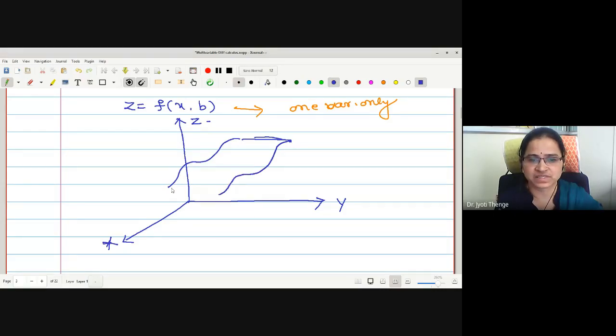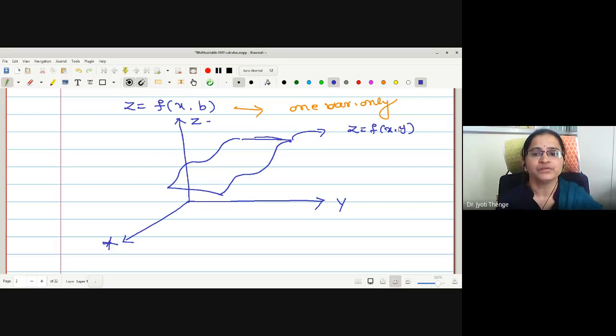Let this be a surface, any sheet of paper in a three-dimensional space with some specific structure. Now what are we going to do? This is Z equal to f of x, y.